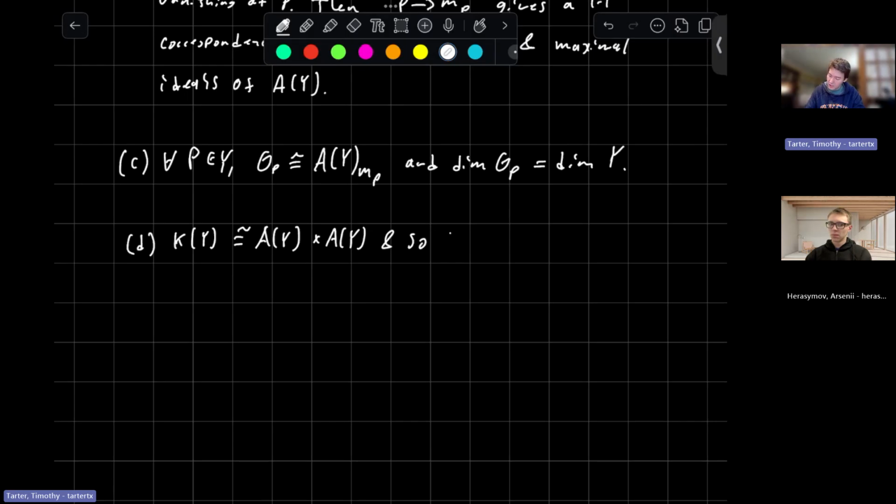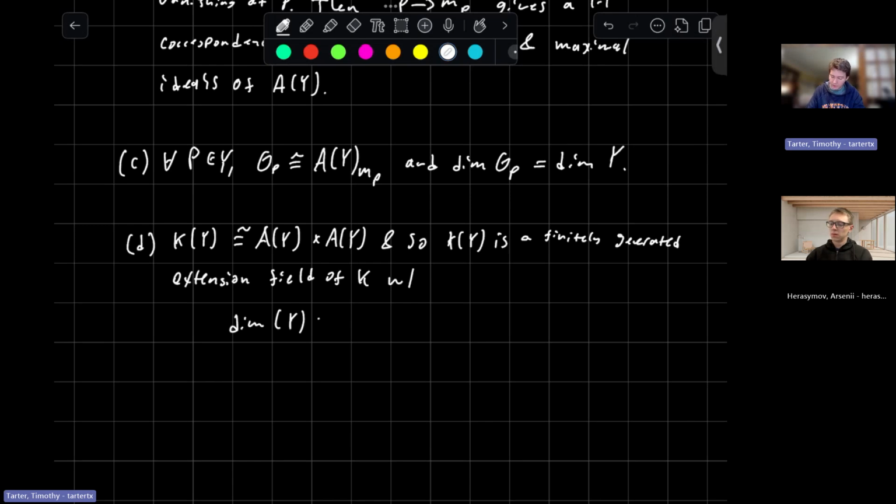And so K(Y) is a finitely generated extension field of k, with the dimension of Y equal to the transcendence degree of K(Y) over k.